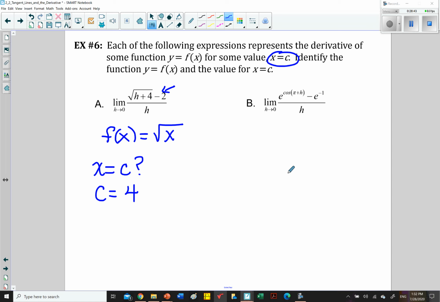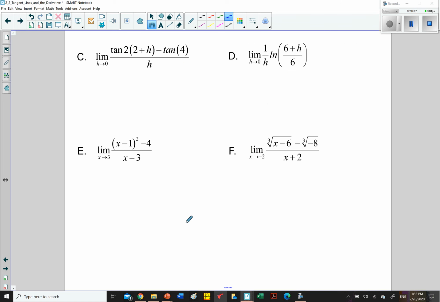Can you do this one by yourself? What's the function f of x? You see it's e to the cosine of x, and that your c value has to be pi. Okay, there's 4 more to try. You might want to turn off the video and see if you can master these on your own. This one, I believe the function is the tangent of 2x, and the c value is 2.